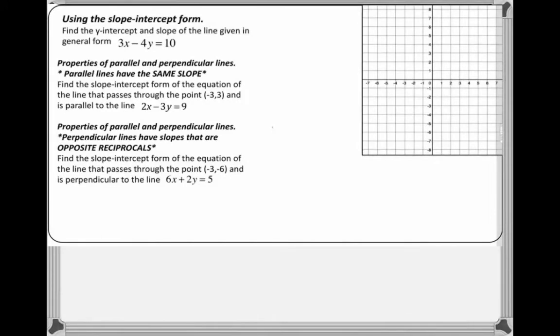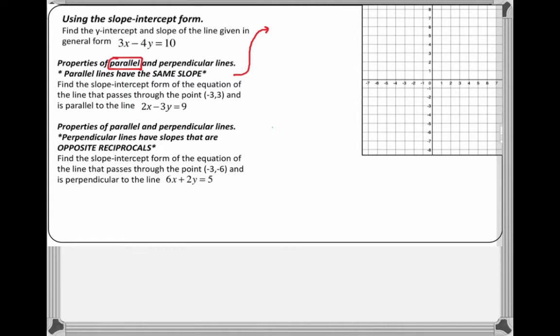The first thing we're going to do here is take a look at parallel lines. Now, we know that parallel lines, and this is a parallel line example here, are going to have the same slope in a Cartesian grid, or where you're graphing, in 2 dimensions.